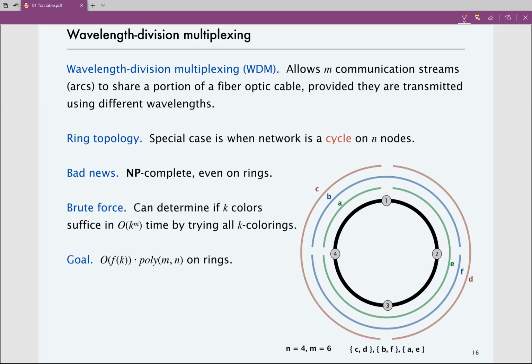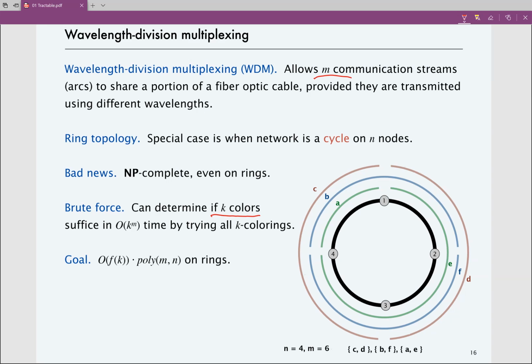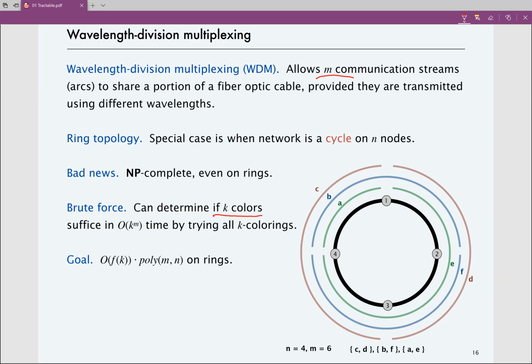So we have M streams over here, and M can be quite large, and N, the number of nodes, can also be reasonably large. However, we usually don't have too much overlap between these streams, so the number of different colors that we're trying to assign might be reasonably small. So we want to design an algorithm which can work efficiently in that case.